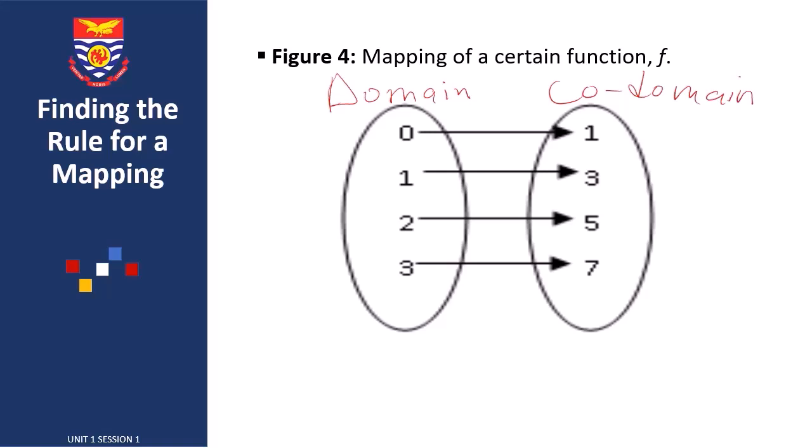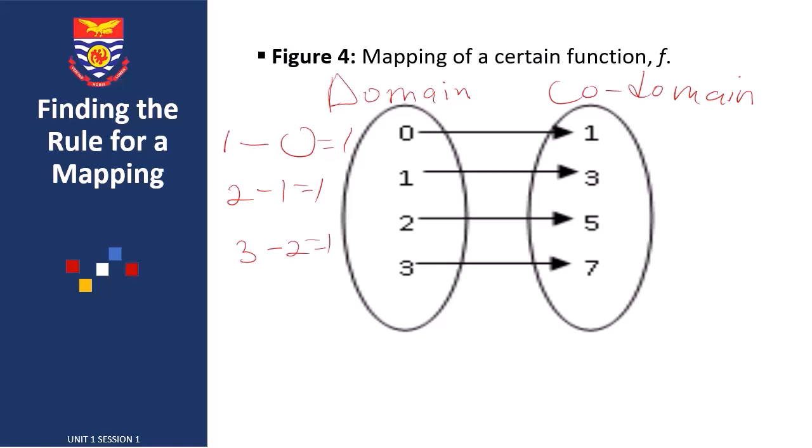Okay, so find the difference between the consecutive terms. I can say 1 minus 0 equals 1, then 2 minus 1 equals 1, 3 minus 2 equals 1. That's the first step. Second step, find the difference between consecutive terms in the codomain.